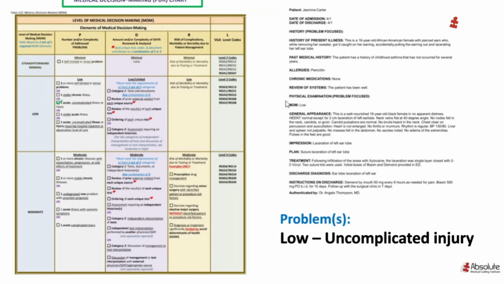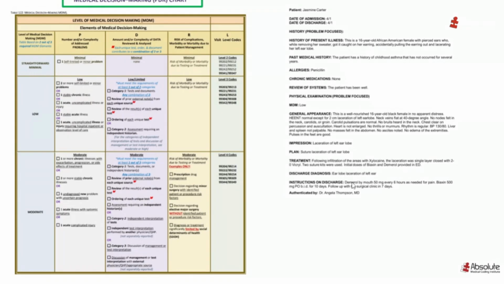Now we have to move on to the data. This is where we're going to see what data the physician used to determine their diagnosis. And I've said that this is minimal data. There's no data in this documentation. Okay, coders, if you can't see my screen, you can click on that broken square at the bottom and enlarge your screen.